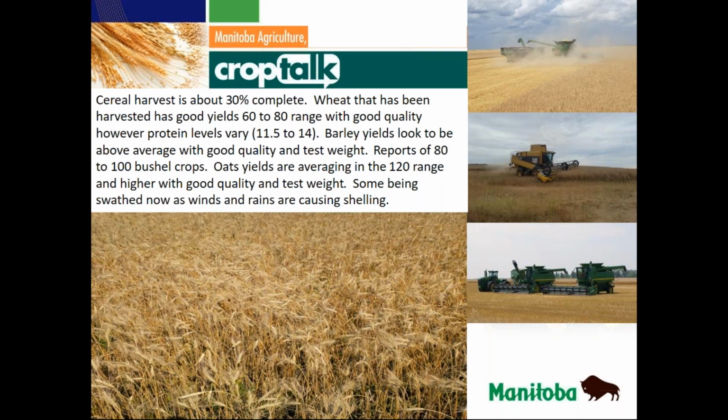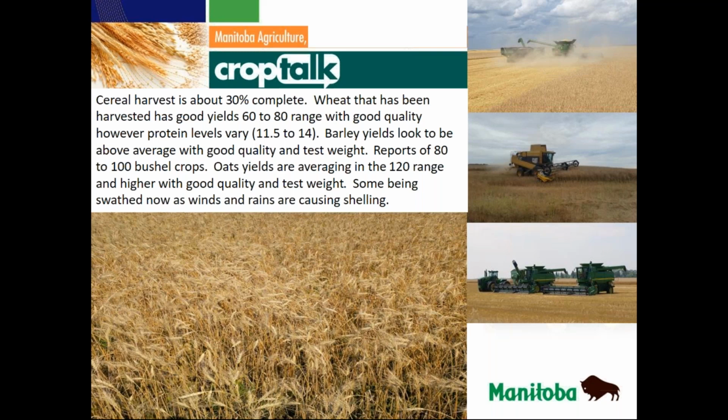And then I've been talking to some guys that are on the higher side of the yield range, and their protein levels are a little bit lower. So they received a little bit more moisture in those areas, and definitely got the yield, but the effect on protein is there. Barley is probably one of the crops that's been the most consistently harvested throughout the southwest here.